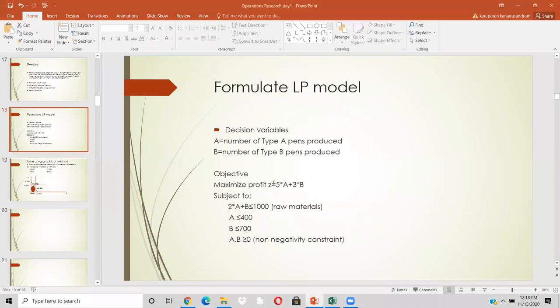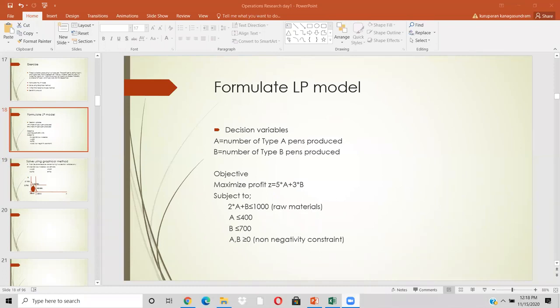How do you draw this one? 5A plus 3B equal to set. What is the value for set? Do you know the value for set? We don't know the value for the set. So without knowing that value, drawing the objective line is impossible.